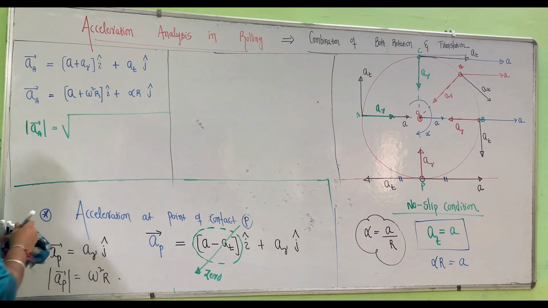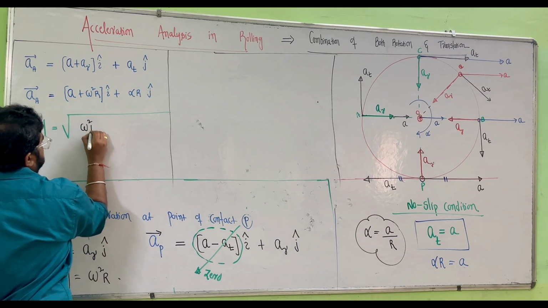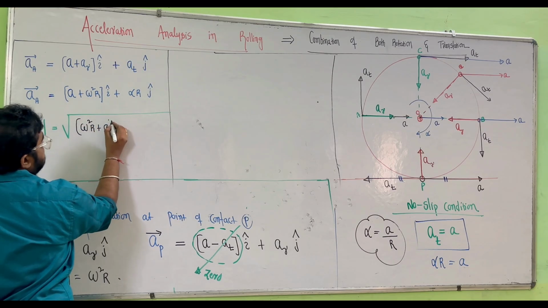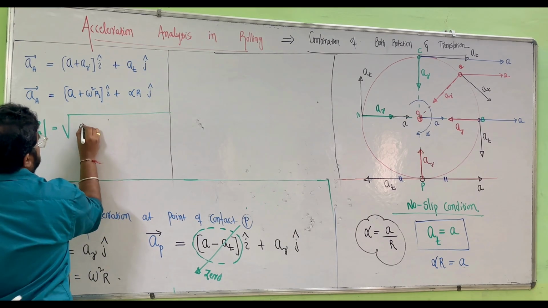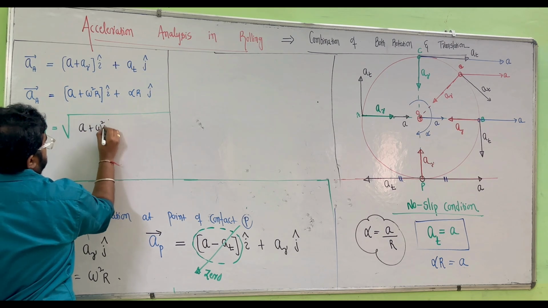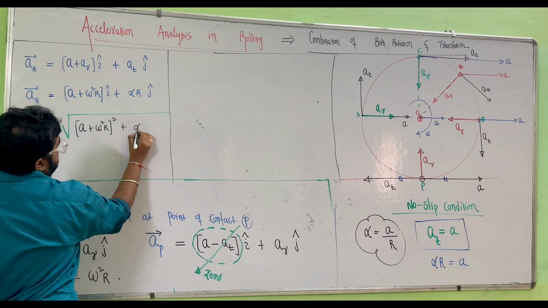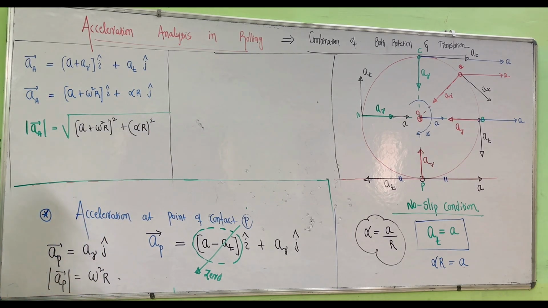Square root of A plus omega square R, whole square, plus alpha R whole square. That is the magnitude of acceleration at point A.